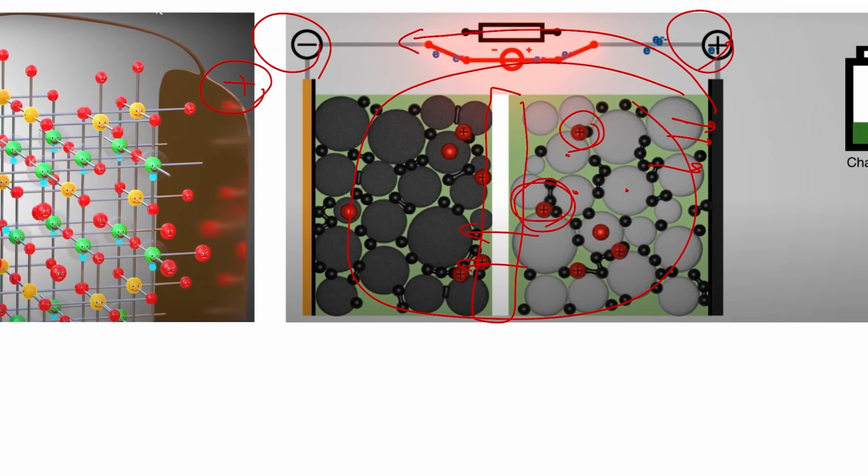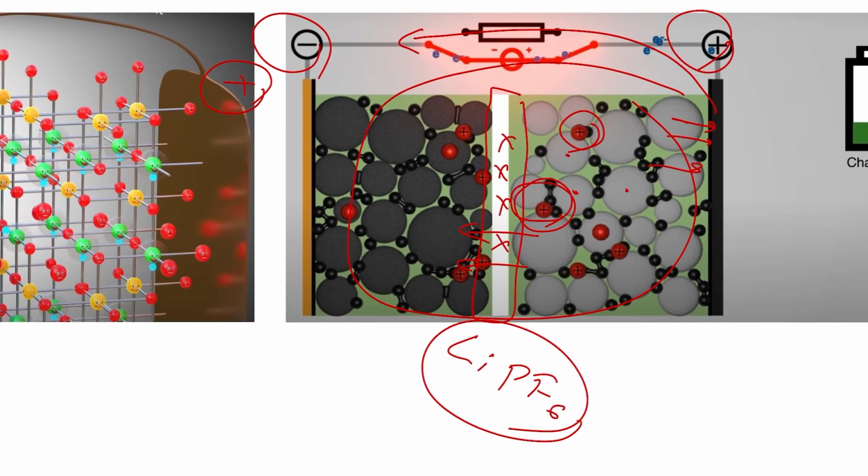Friends, this electrolytic membrane is made of lithium hexafluorophosphate. This lithium hexafluorophosphate is permeable only to the positively charged ions. It will not allow electrons to pass through, so the electrons have no choice but to come through the wire itself.